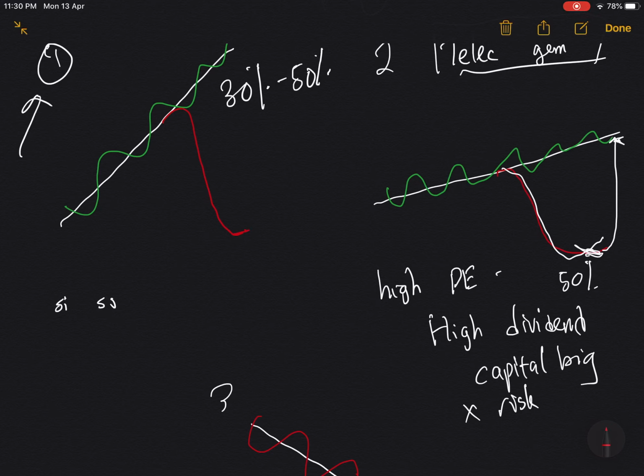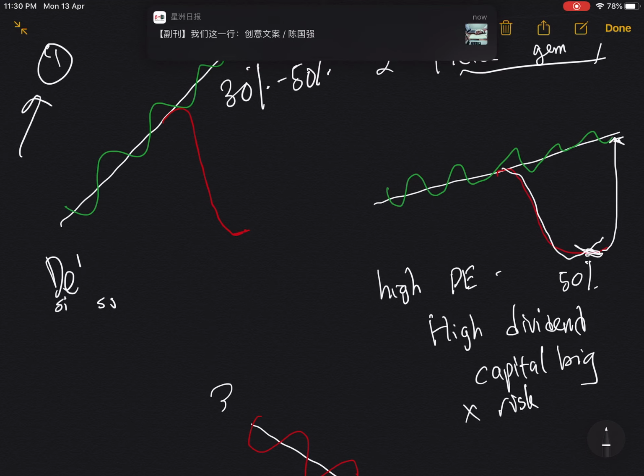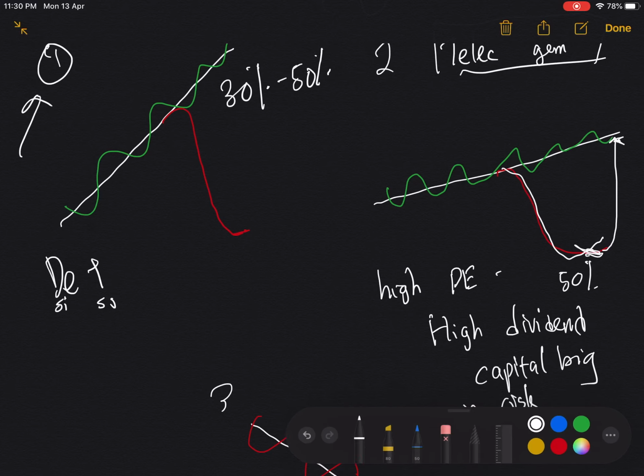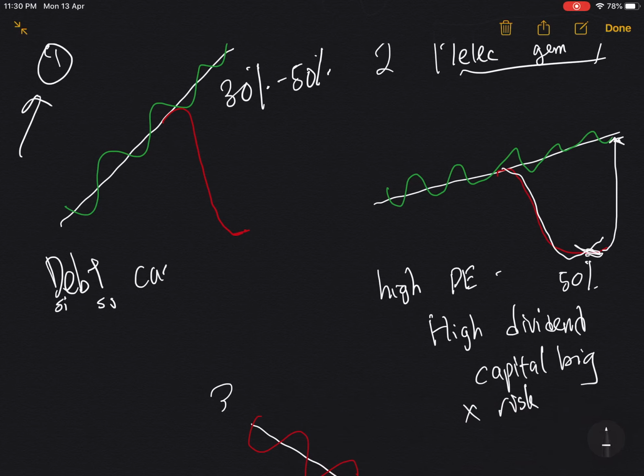Why? Maybe when it expanded, it got debt, and cash flow is very tight. Cash flow problem, and it's very risky because of small scale. So some of the companies might not survive.